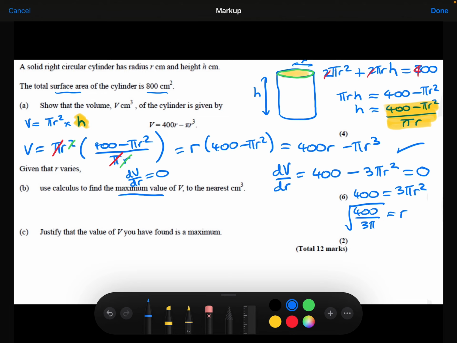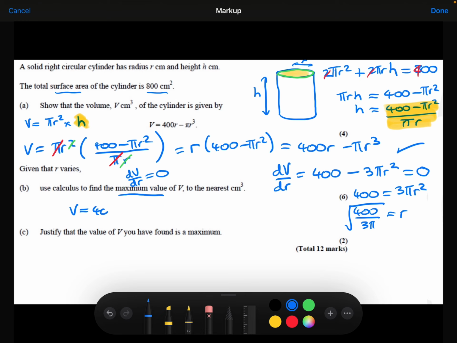So when the radius of this cylinder is 6.5 centimetres, its volume will be at a maximum, the biggest it can be. The question actually wants me to find the volume though, not the radius. I want to know the volume when the radius is the square root of 400 over 3 pi.